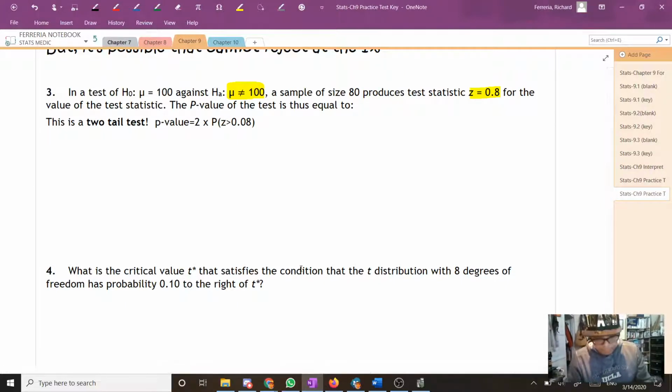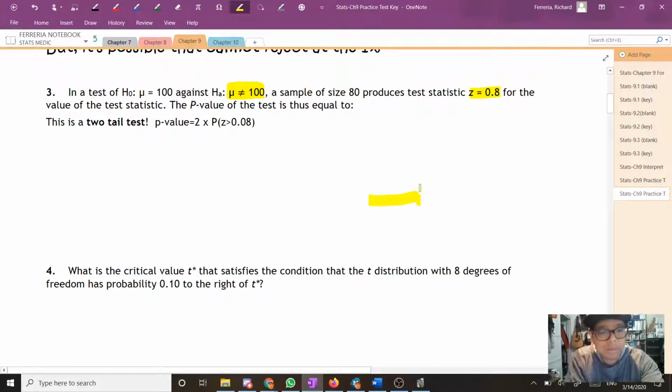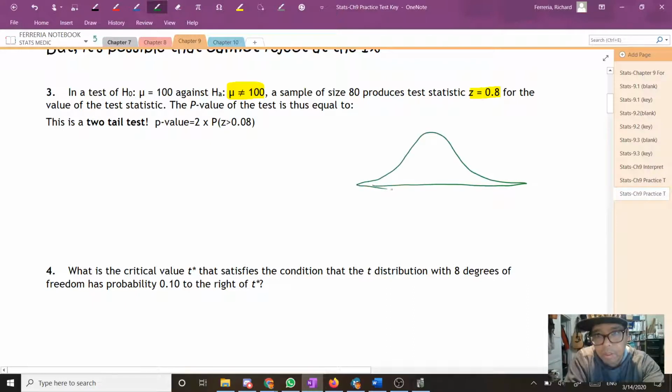Do I have a pen? Yes, I do. All right, let's draw this really quick. Here's our normal curve. This is a z-score of 1 here, so 0.8 should be to the left of that.